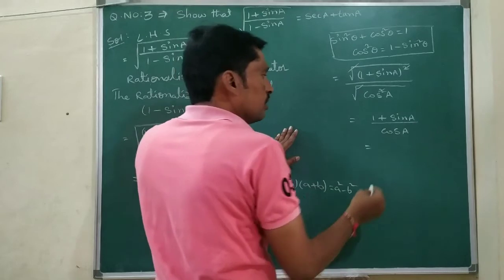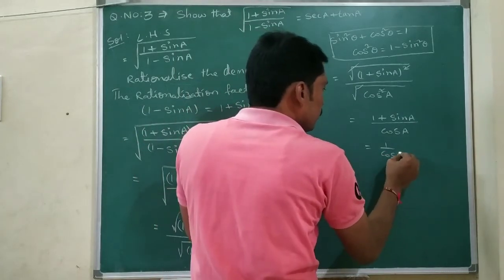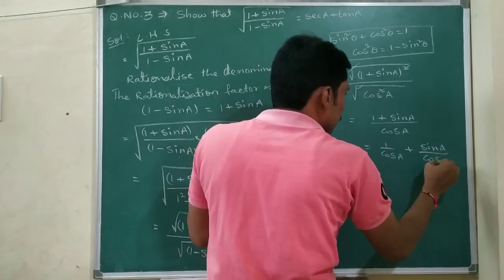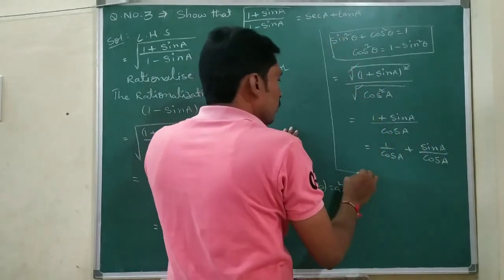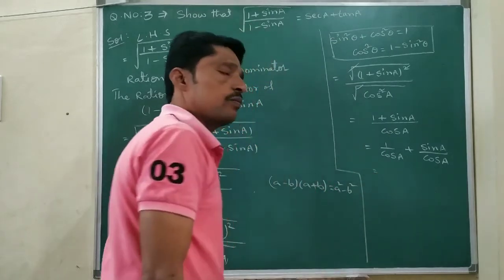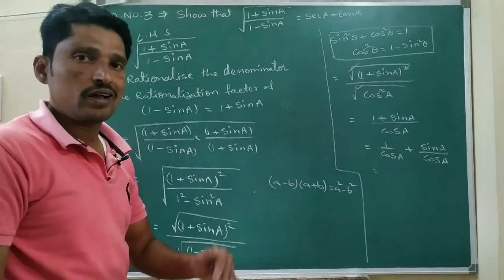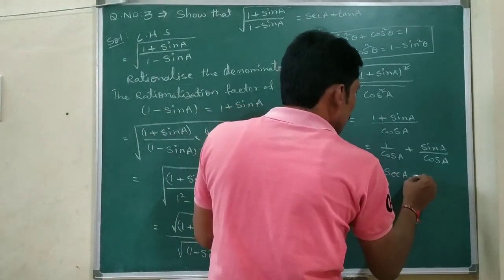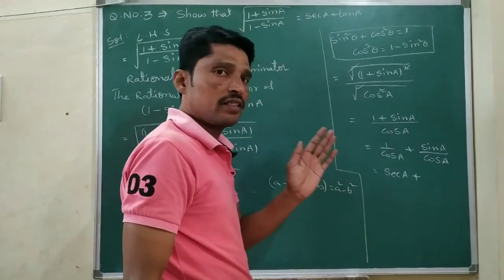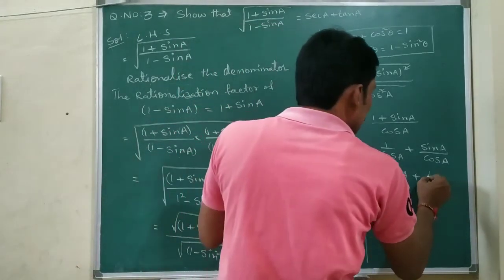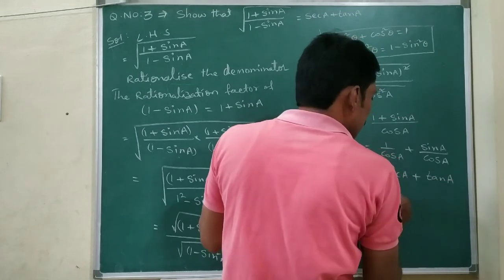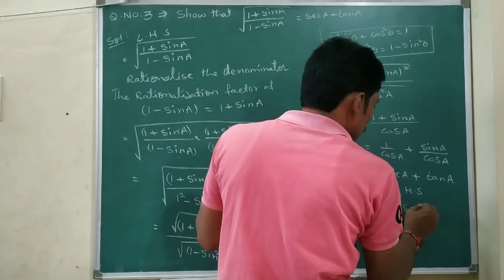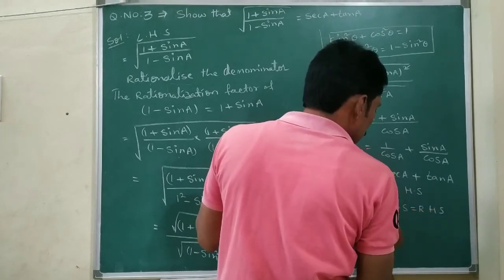Now we can take individually 1 by cos A plus sin A by cos A. Already we know the formula: 1 by cos A means sec A. So sec A plus sin A by cos A. Sin theta by cos theta we know is tan theta, so we take tan A. So we got the RHS. LHS equals RHS. Hence proved.